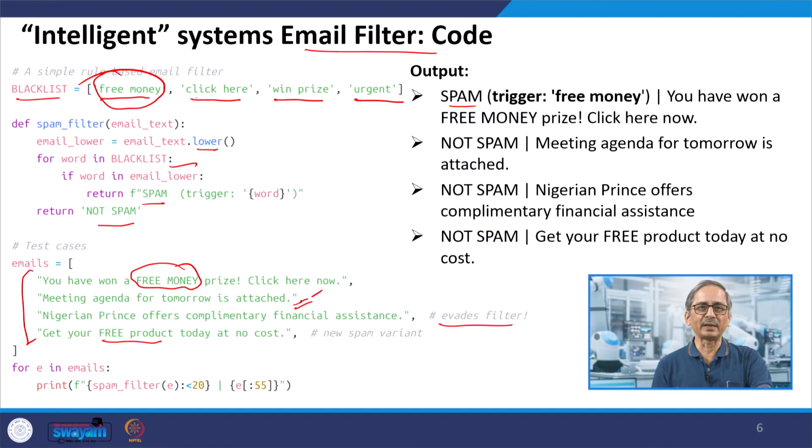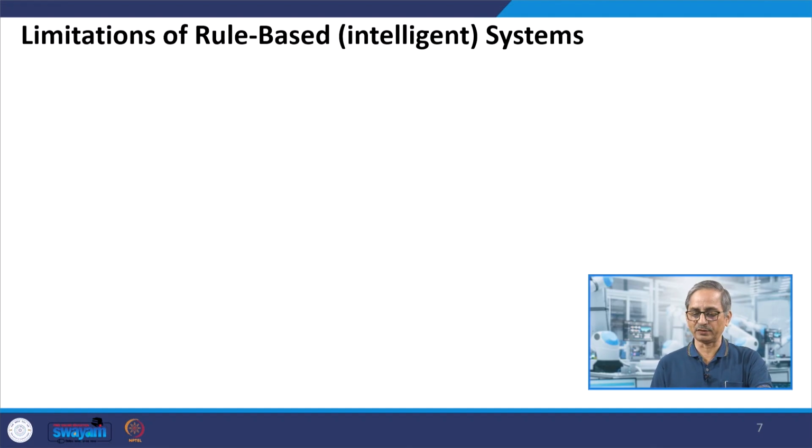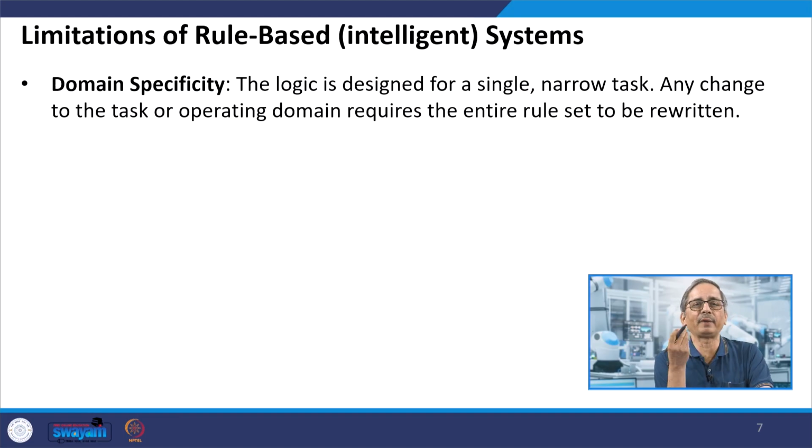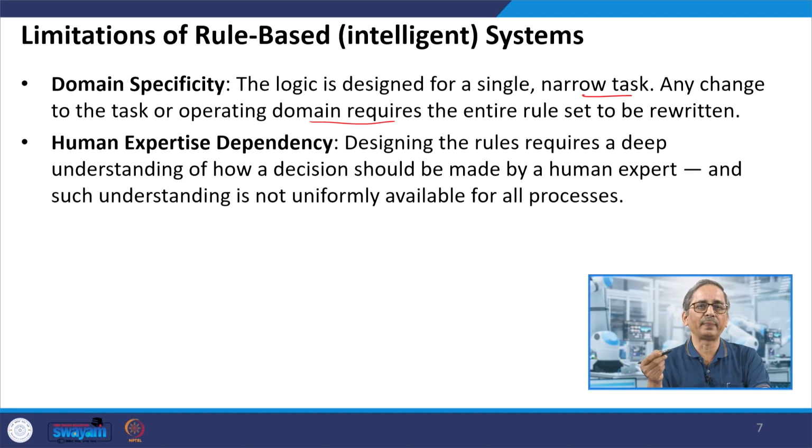And you can see the limitation of this one. As I said, one needs to be very expert in the domain in which this filter has to be created. Logic is designed for a single narrow task. Any change to the task or operating domain requires the entire rules to be rewritten. So, that is one limitation.